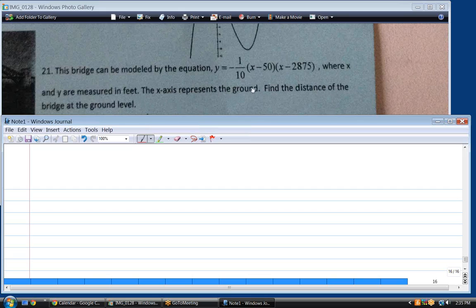So when they say find the length of the bridge at ground level, they want to know, well, what is x when y equals 0? So if I merely plug in 0 for y, and now I have this equation to solve, I'll have the answer.